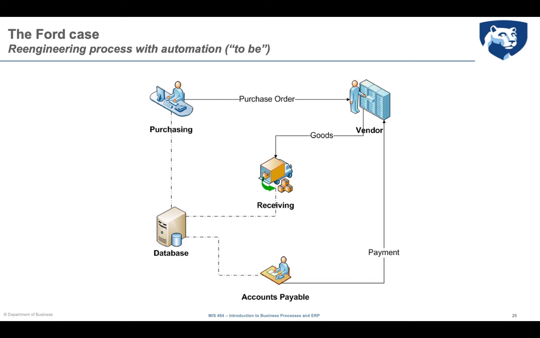So when the vendor sent the invoice, accounts payable would make the payment immediately, because checking alignment between the documents in the process was quite simple, because everything was stored in a unique and shared database that could be accessed by all the actors in the process.